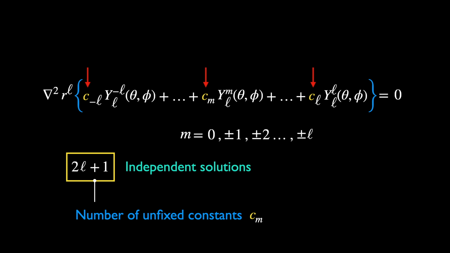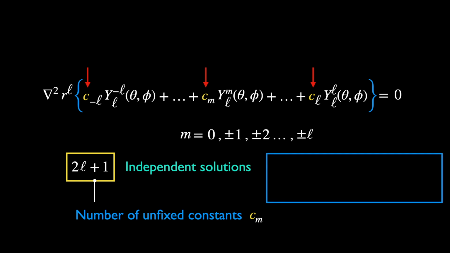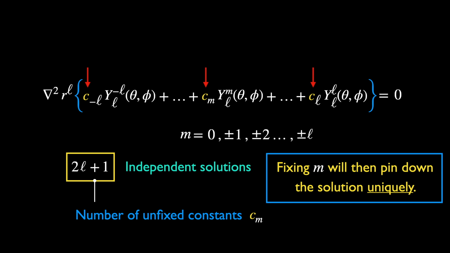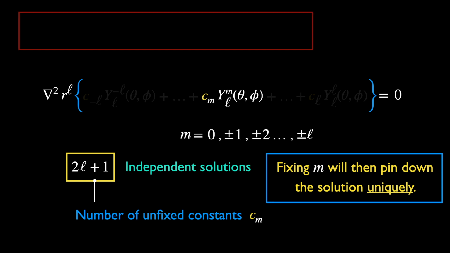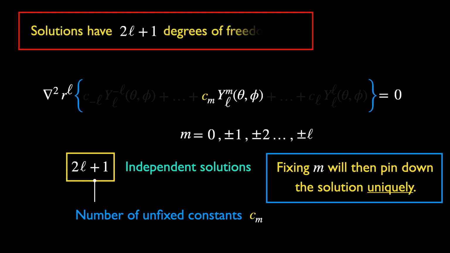If we further specify the value of m, then the solution to the Laplace equation would then be pinned down uniquely. Thus, the key objective of our counting would be to show that the Laplace equation could provide sufficient constraints to narrow down the degrees of freedom of the function y down to 2L plus 1.